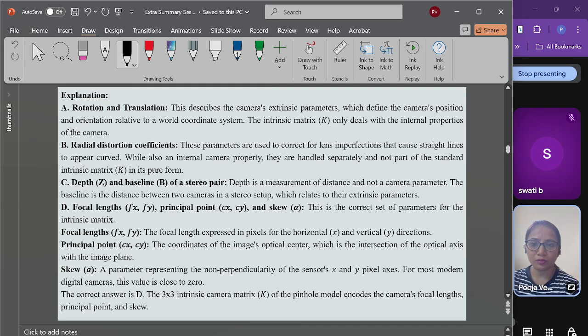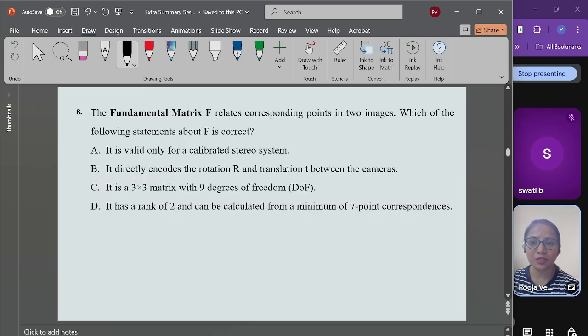So now moving to our next question. The fundamental matrix F relates the corresponding points in two images. Which of the following statements about F is correct? Option A, it is valid only for the calibrated stereo system.